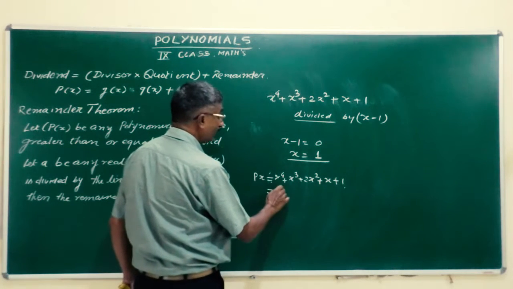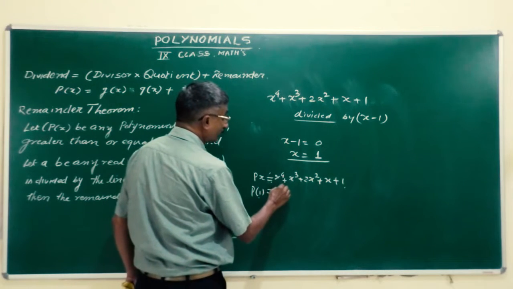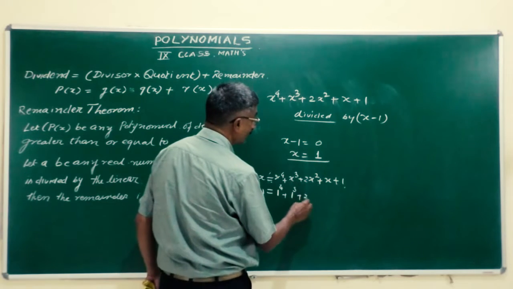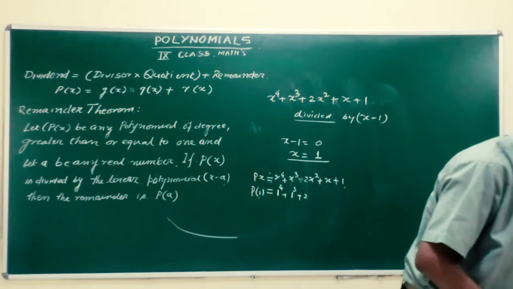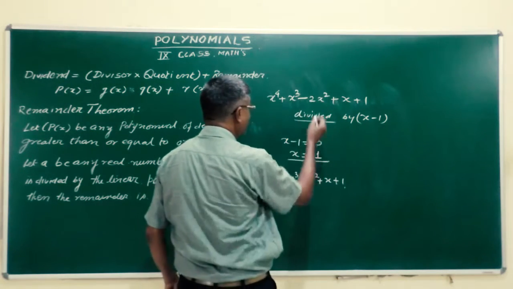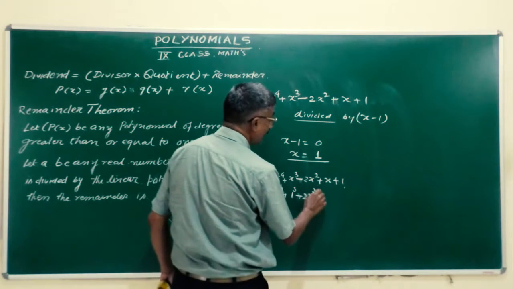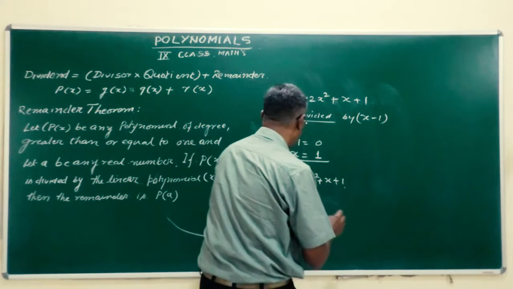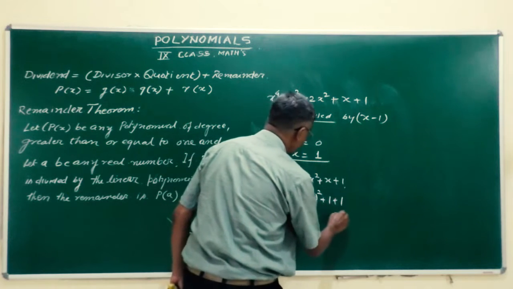I think this is minus, the question has minus, what I wrote was wrong. So this is 1 to the power 4 plus 1 cube minus 2 into 1 square plus 1 plus 1.